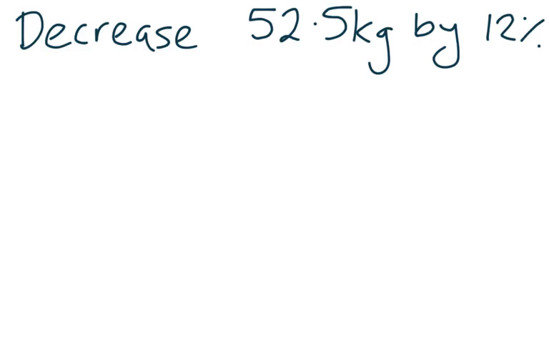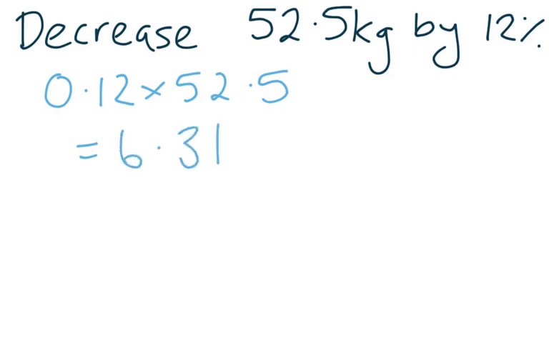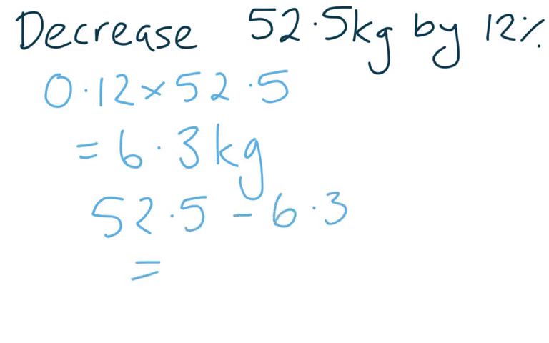I'm just going to show you the way I would do it because you've got it in the previous example. 0.12 times 52.5, which gives us 6.3 kilos. And then again, remember we have to do 52.5 take 6.3 to give us 46.2 kilos as our answer.